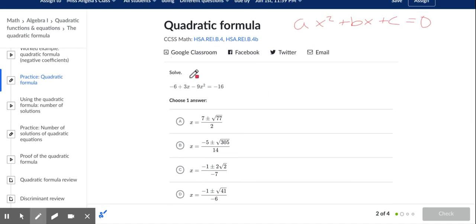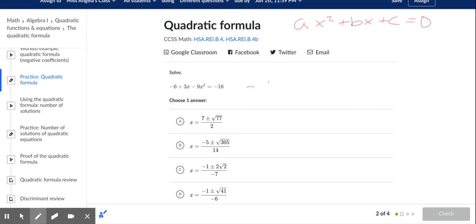To do this, we are going to get this side to equal 0 first, and we're going to get this in the order that we're used to. Remember, it has to be this order because A is the one that goes with x squared, B is the one that goes with x, C is the one by itself.